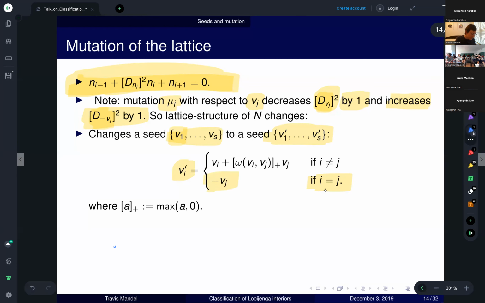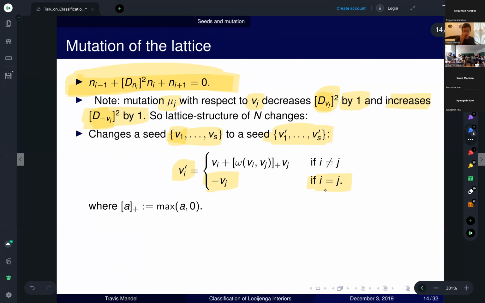That's just because we did a toric blow up on the divisor corresponding to this direction, and then we blew it down to a divisor corresponding to this direction. So vj changes to negative vj just because we blew down to a different divisor. So that's what's going on with this one. And the other vi change basically because these intersection numbers are changing.